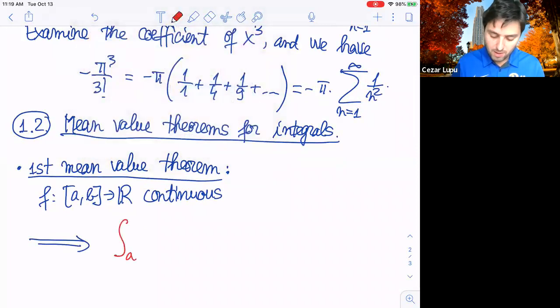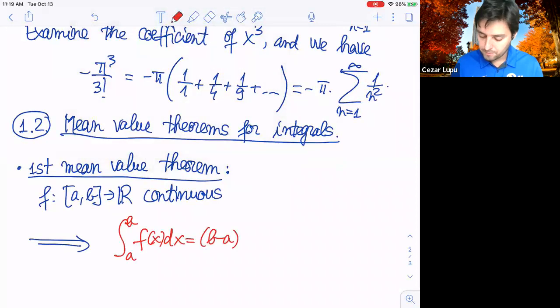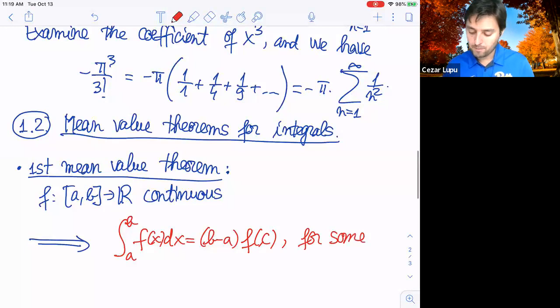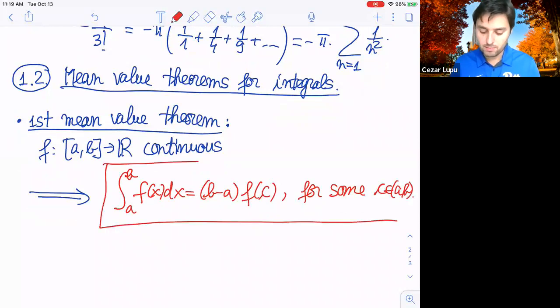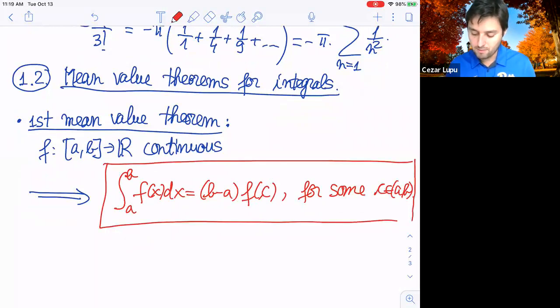The integral from a to b of f of x dx is (b minus a) times f of c for some c in [a, b]. If you look at this, this is nothing else than just a classical mean value theorem for the antiderivative.